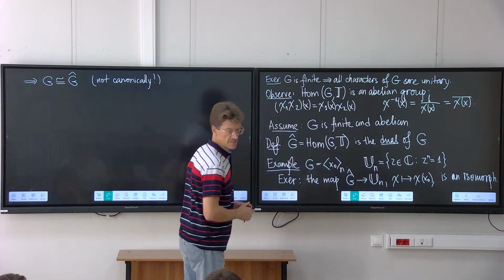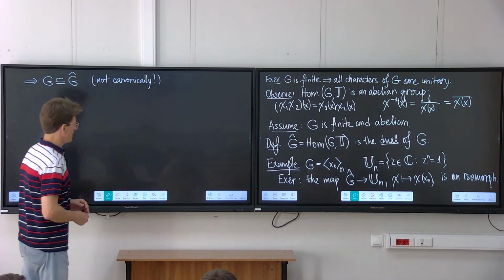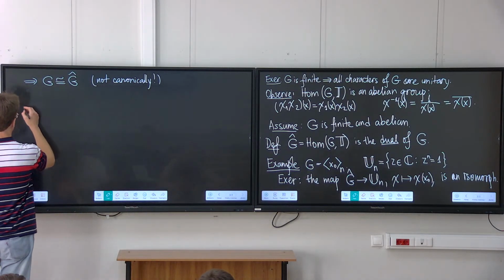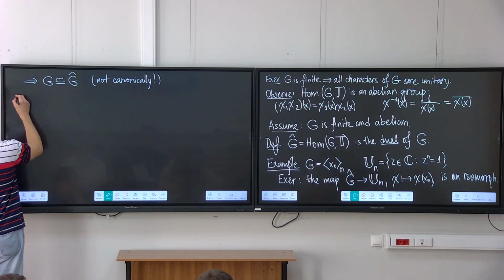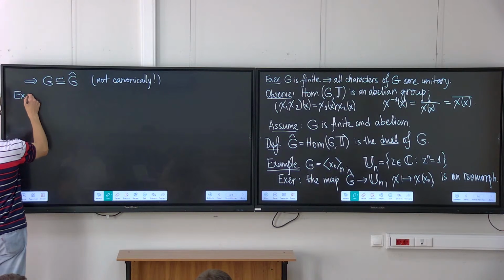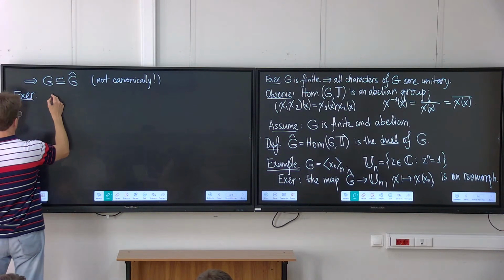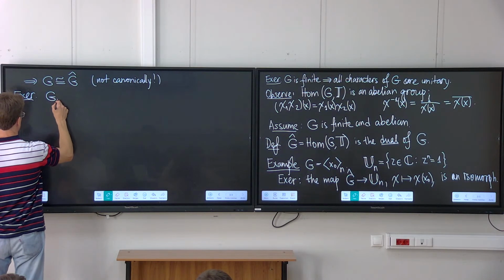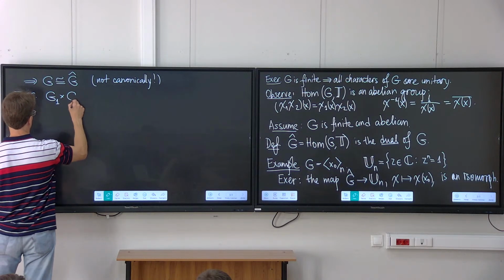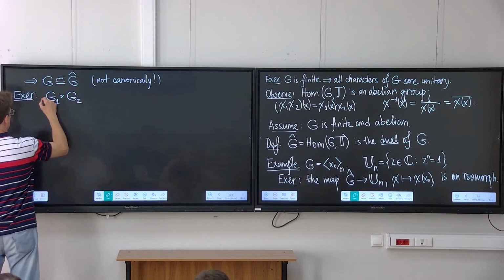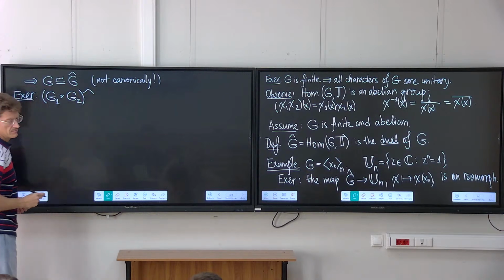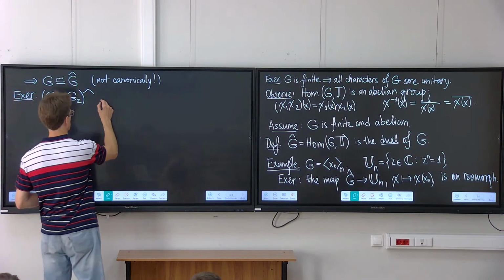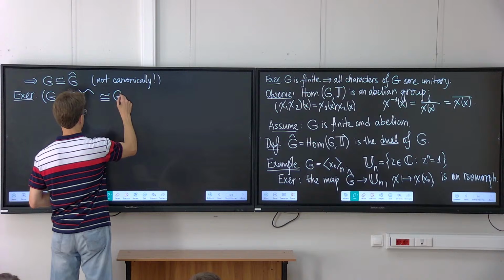So what if G is not cyclic? Well, in this case, we have a fairly simple lemma, essentially an exercise for you. You have two finite abelian groups, G1 and G2. Then the dual of their product is isomorphic to the product of their duals.